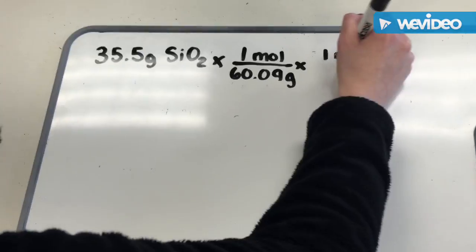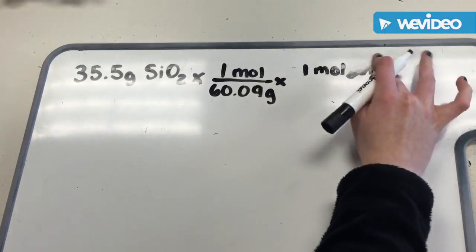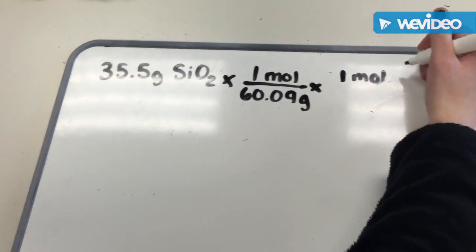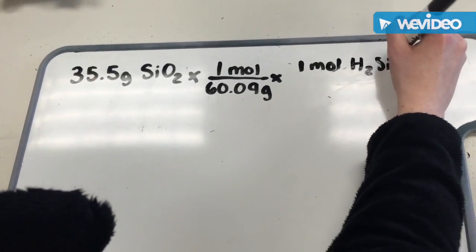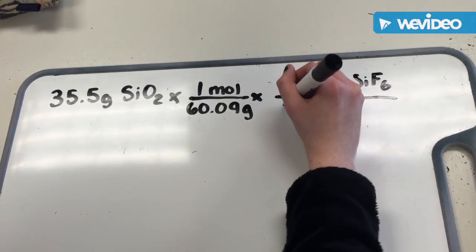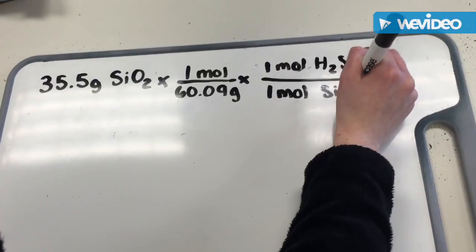So first, with silicon dioxide, we're converting the grams to moles, so we have to use a conversion factor. We have the 35.5 grams times 1 mole over 60.09 grams, which is the molar mass of silicon dioxide.